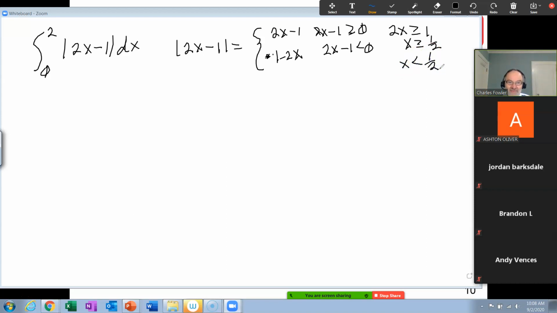These are our new parameters here. So let me write this. Here's what it is. It's 2x minus 1 anytime x is greater than or equal to 1/2, and it's 1 minus 2x anytime x is less than 1/2. Does that make sense to you?